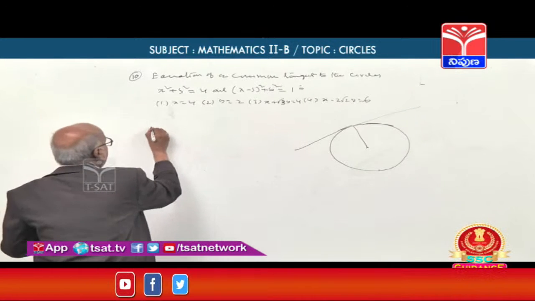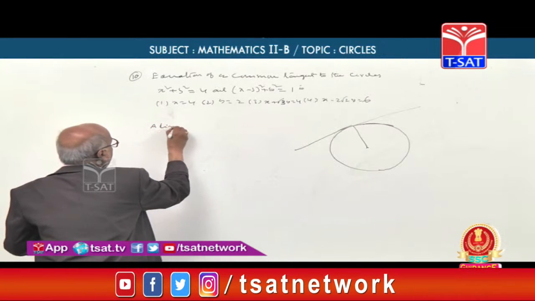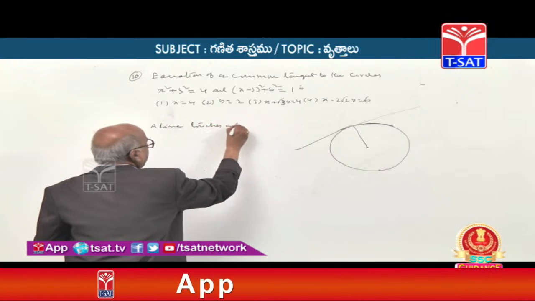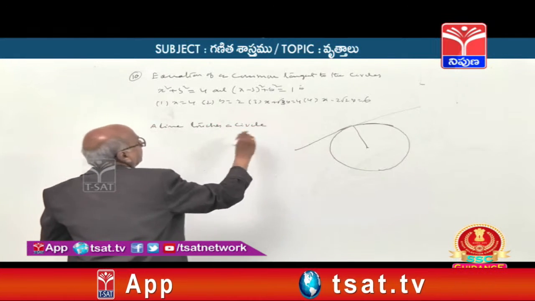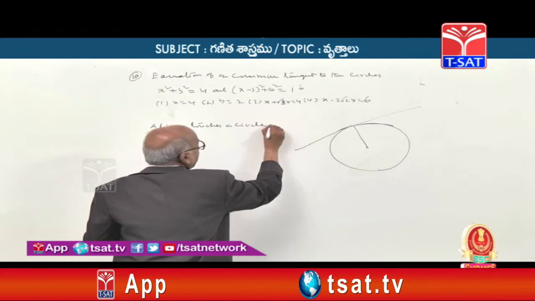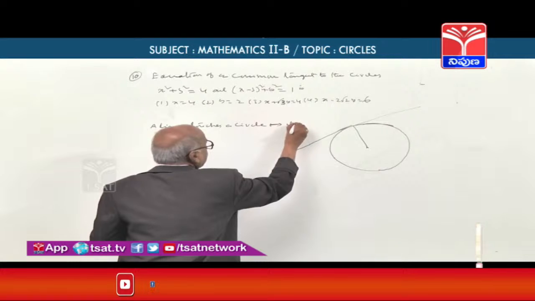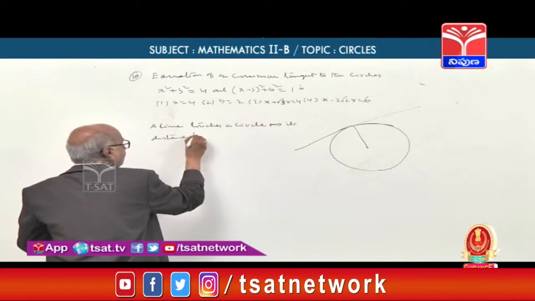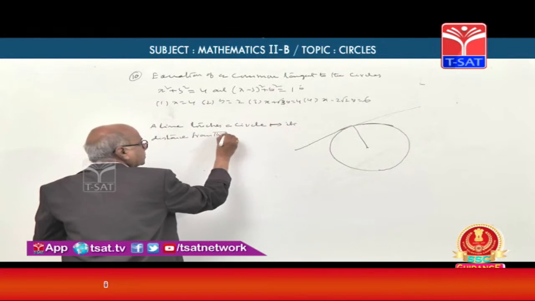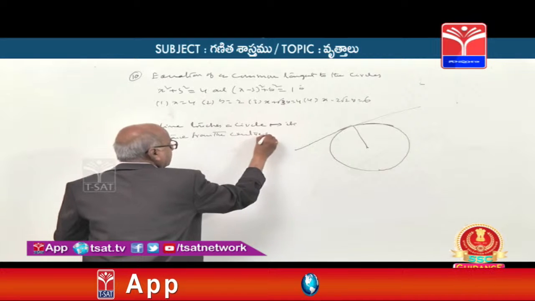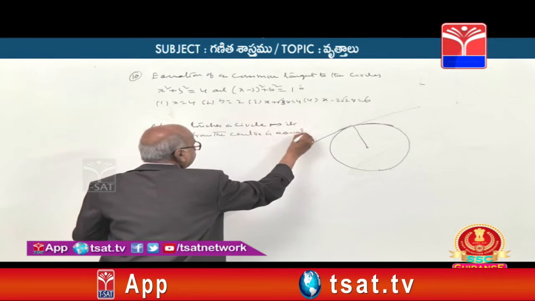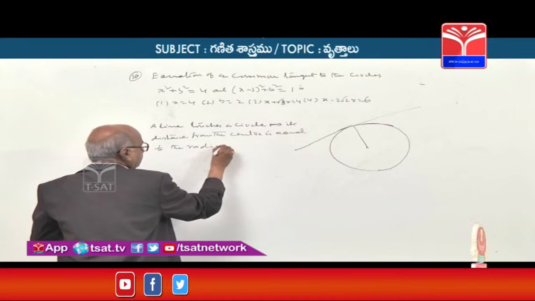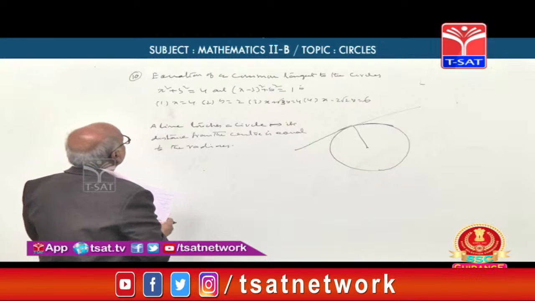And you know that a line touches a circle if and only if its distance from the center is equal to the radius. So, this we know, all of you, we have proved also.